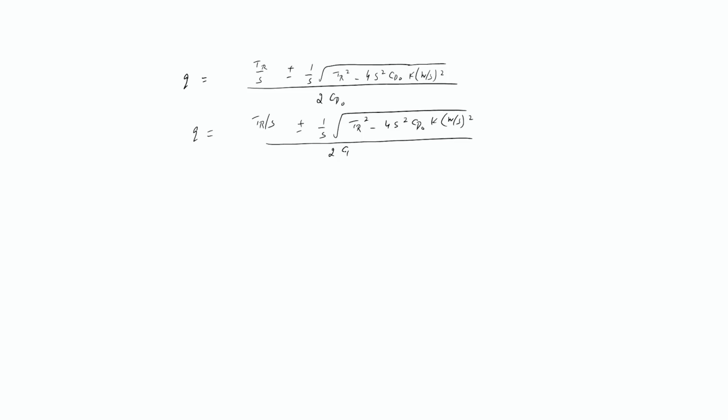So this is the same equation that I mentioned over here. Here TR by S is actually thrust loading. But generally we do not use it, it is of little significance.